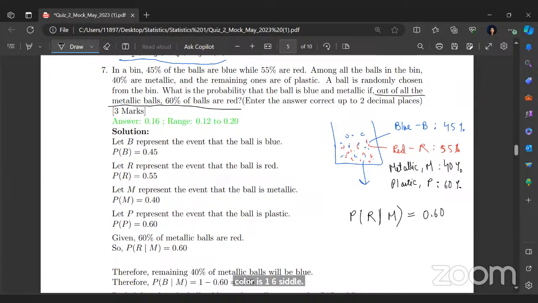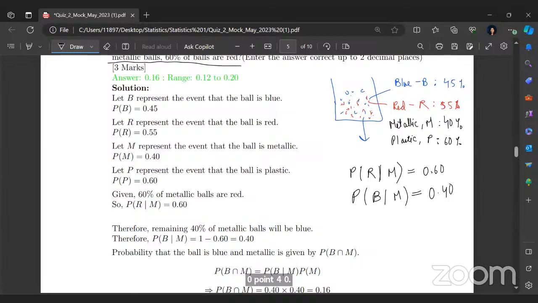So what is it that you have to find out? You have to find the probability that the ball is blue and metallic. Given that the ball is metallic, the probability of red is 0.60. So the probability that the ball is blue given it is metallic is 0.40, right?